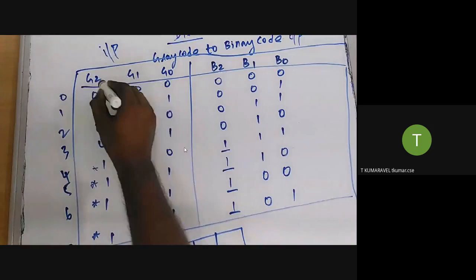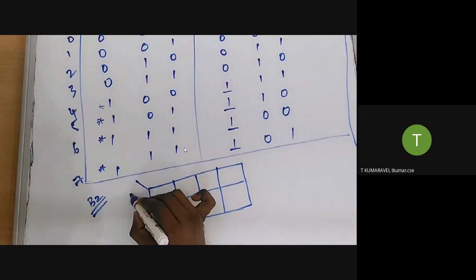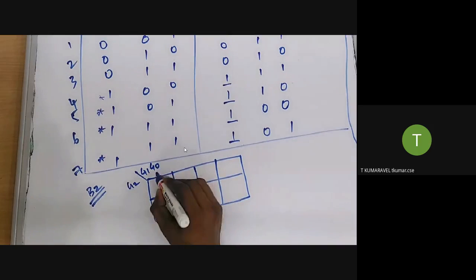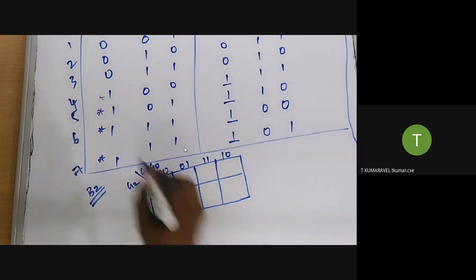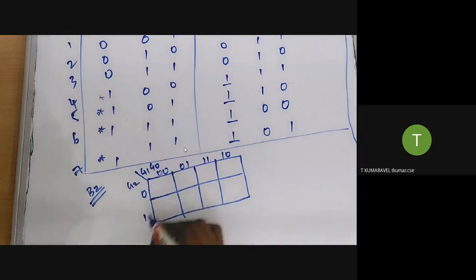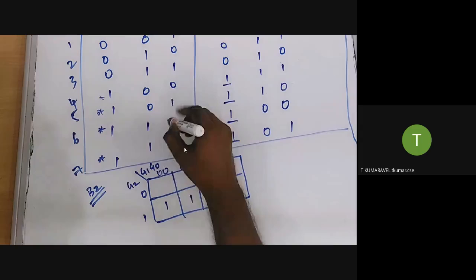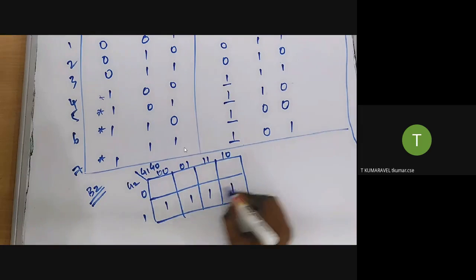The inputs are arranged as G2, G1, G0. You fill in the values: 0 0 0 1, 0 0 1 1, 1 0 0 1, 1 0 1 1, 1 1 0, and 1 1 1.